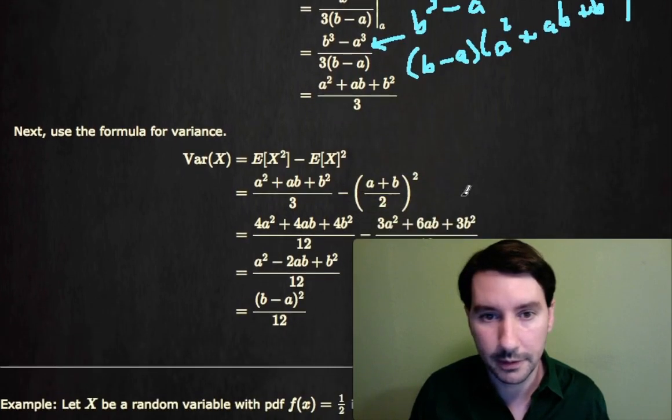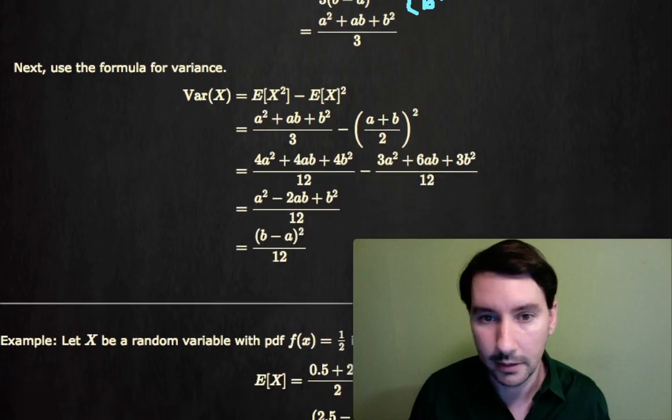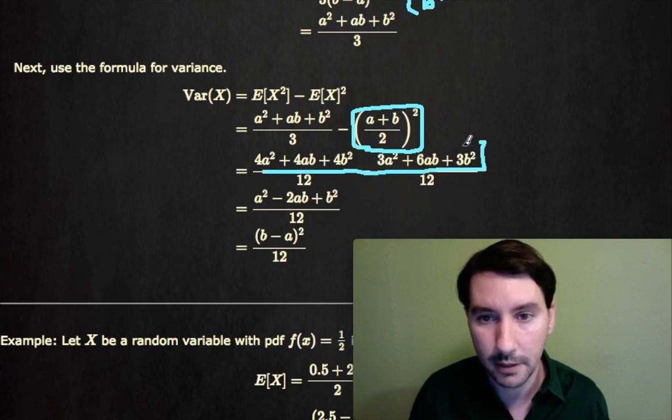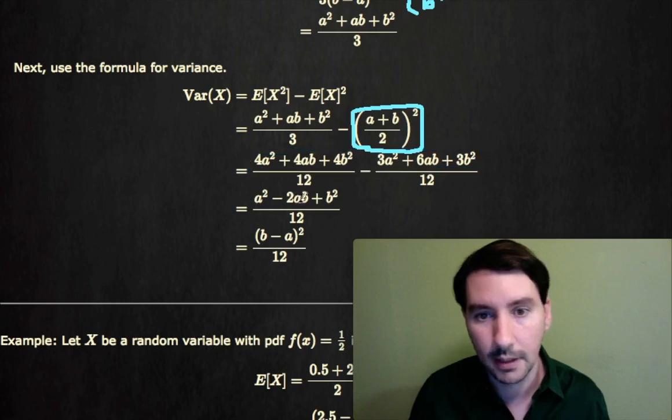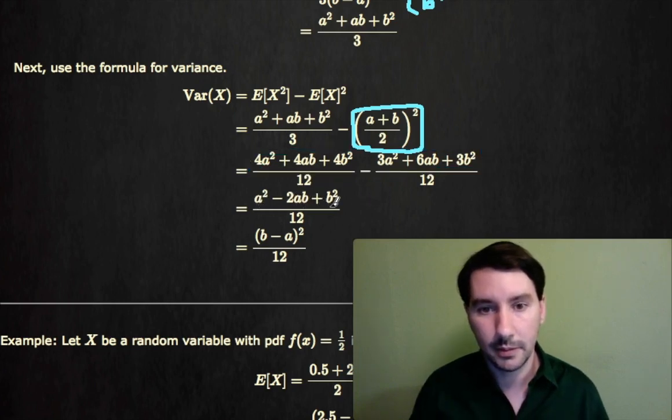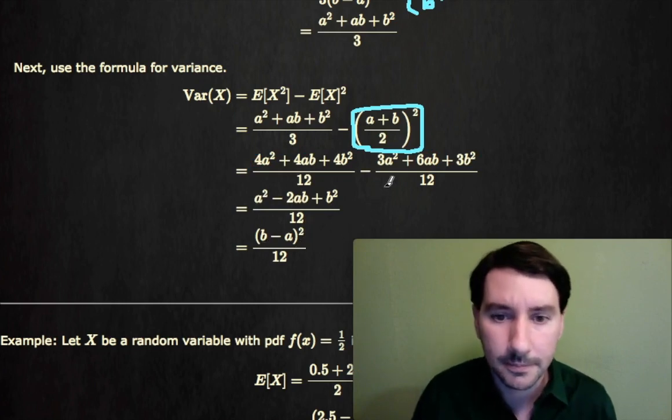So using the formula for variance, the variance is the expected value of X² minus the expected value of X, quantity squared, or (a² + ab + b²)/3 − ((a + b)/2)². And essentially all of this is just algebra. So we square this term out and then get a common denominator of 12. Then since we have a common denominator, we can combine all the terms in the numerators, and that gives us a² − 2ab + b², which factors to (b − a) quantity squared.